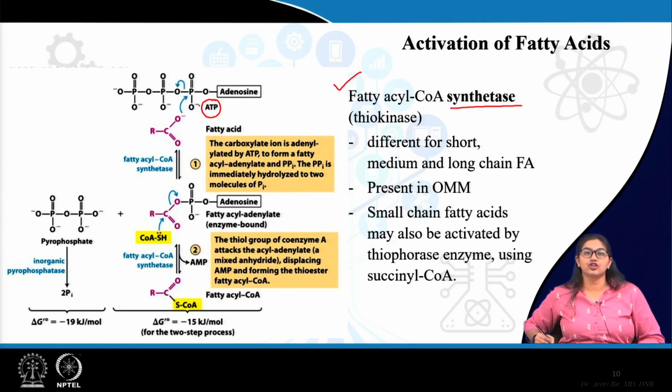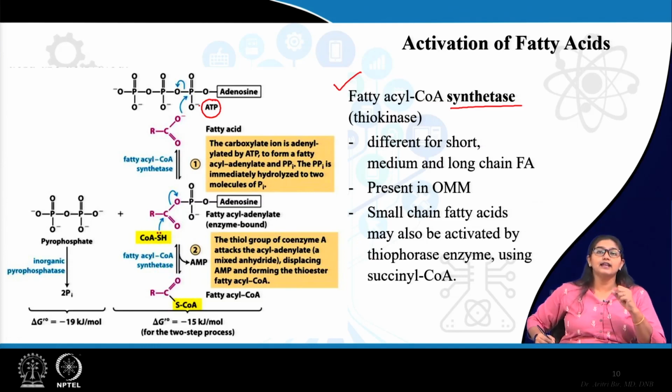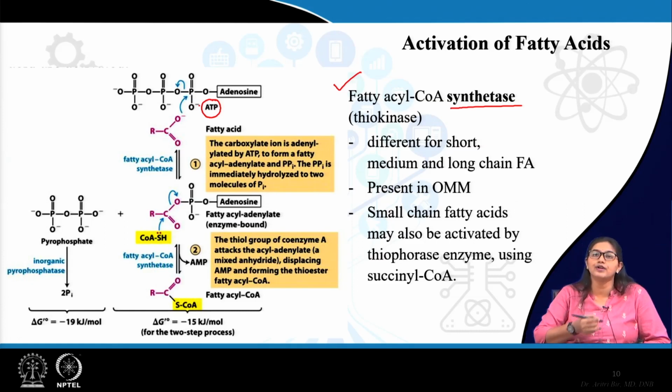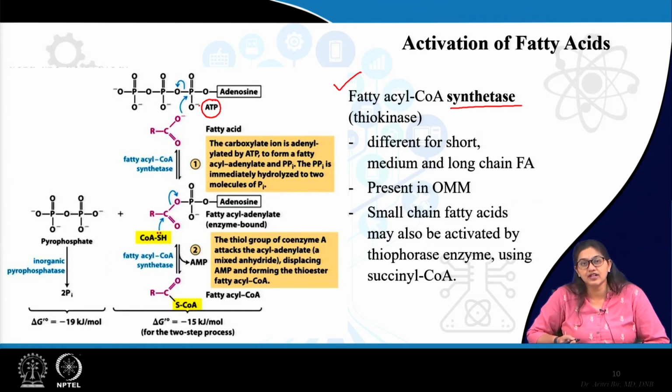Now, fatty acyl coenzyme A synthetase, based on the chain length of fatty acid, has different isoforms: for short chain fatty acid there is short chain fatty acyl coenzyme A synthetase, similarly medium chain and long chain fatty acids as well. This enzyme is present on the outer surface of the mitochondrial membrane. Remember, it is attached to the outer mitochondrial membrane.